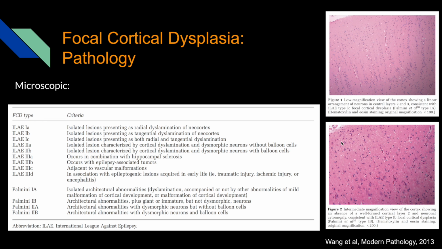So here is the grading pattern. There are three main subtypes of focal cortical dysplasias. Type 1 is really the more mild form, and is quite controversial in terms of how reliable different pathologists are at calling this. You have your type 1A, which presents with abnormalities in radial dyslamination.